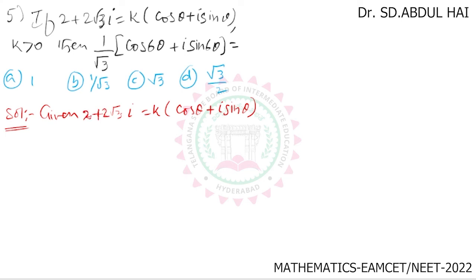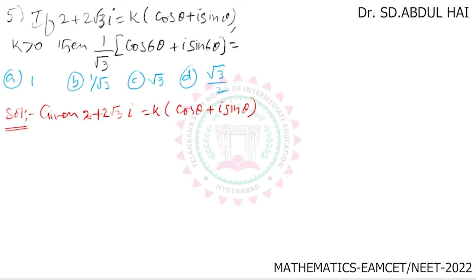Square of 2 is 4, 4 into 3 is 12, that is 4 plus 12 is equal to 16. So the square root of 16 is 4. Have you followed me? This is a shortcut method. You have to multiply and divide by the square root of a square plus b square to convert into the mod form.